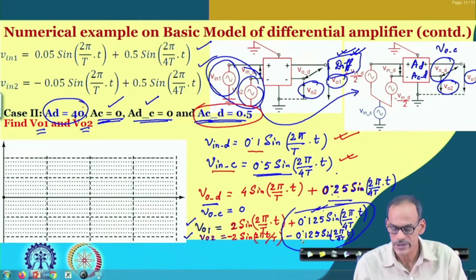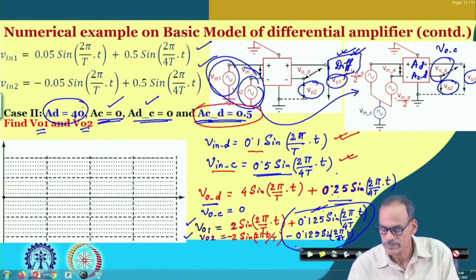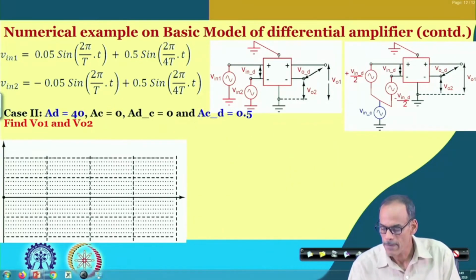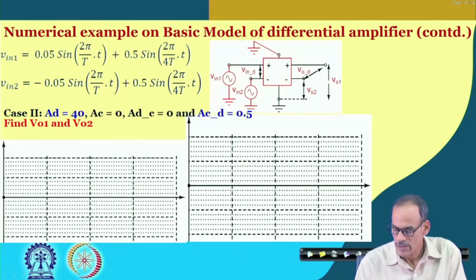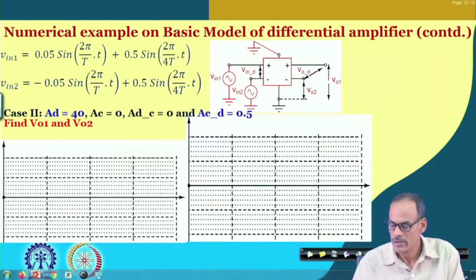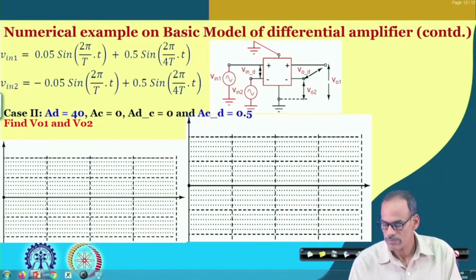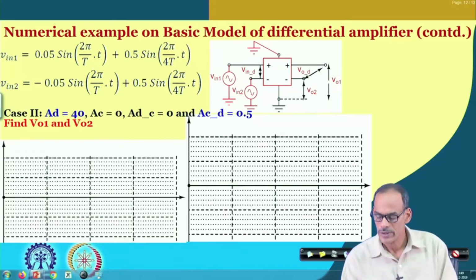So let me sketch this signal in the next graph and try to illustrate that. I am not going to sketch the input signal, that we already have done, but let me write VO1 and VO2.